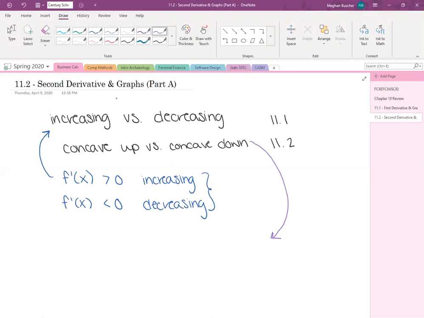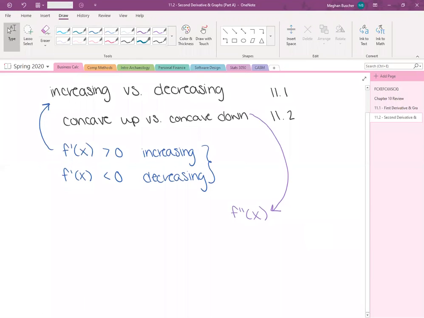For concavity, we're going to look to our second derivative. Okay, so same kind of way. When the second derivative is positive, so greater than 0, we are concave up.